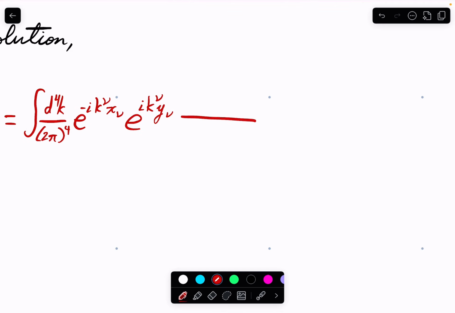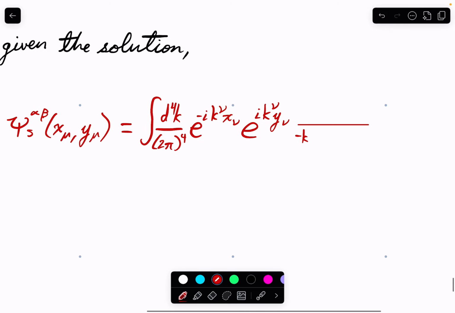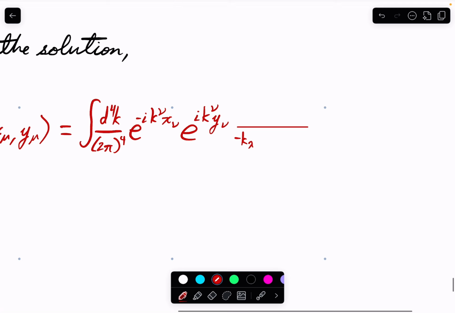And then I have this right here, minus k sigma, or no, let's choose a different one from sigma, we'll do lambda. Okay, lambda plus m squared, then minus k rho gamma rho plus m alpha beta.